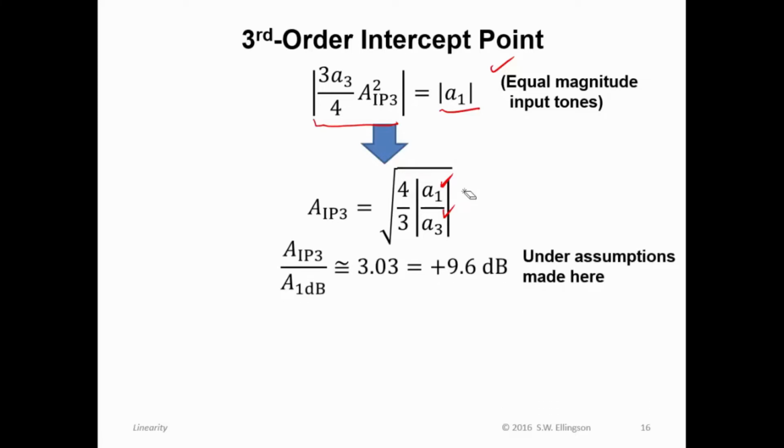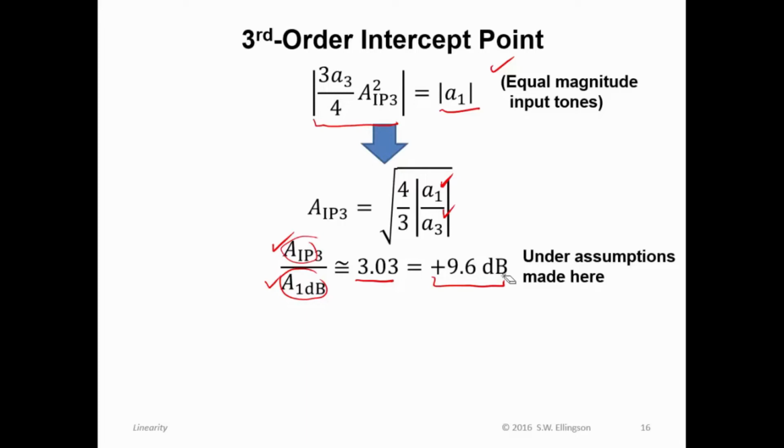Again, if the polynomial model applies, then the ratio of the third order intercept point to the 1 dB compression point can be calculated because I just derived an expression for this. I can take the ratio and I find out that's a constant. That constant is about 3.03. And in dB, that's about plus 9.6 dB. So something very interesting happens.